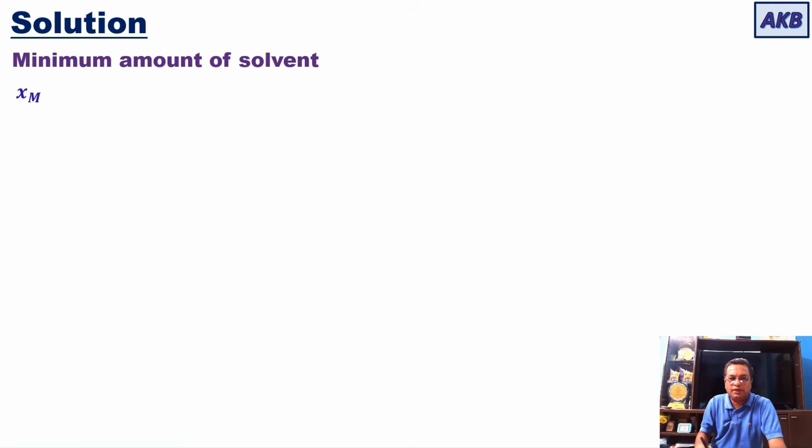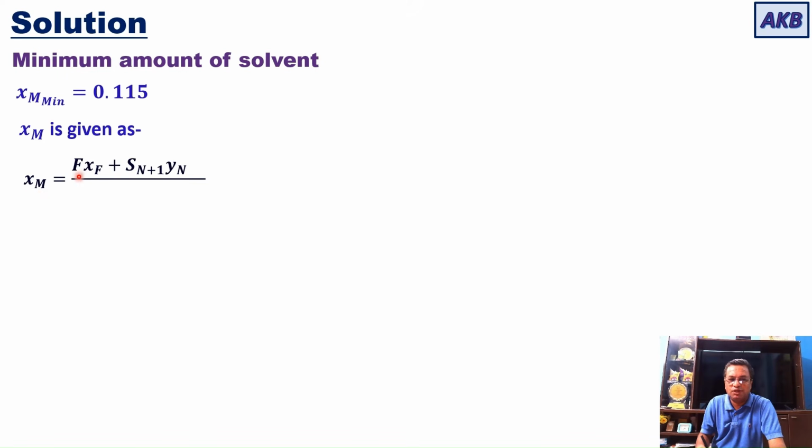Okay, we got XM minimum, which is 0.115. XM is given by the equation XM is equal to F into XF plus Sn plus 1 into yn plus 1, divided by F plus Sn plus 1. Now, if XM is replaced with XM minimum, S will be replaced with S minimum.